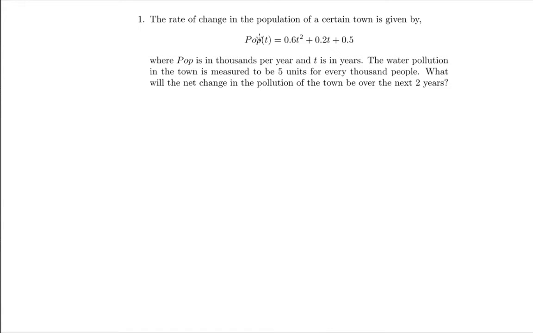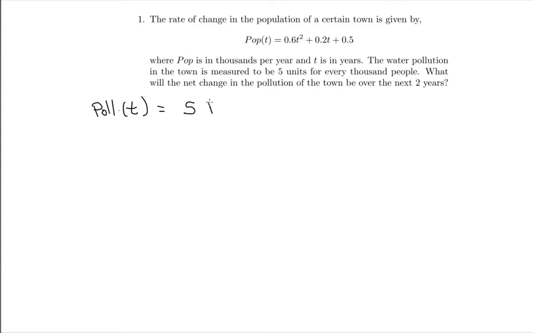So here we're given the rate of change of the population, so how can we figure out the rate of change of the pollution? I'll write the rate of change of the pollution as the function pol, and the pollution is 5 units per 1,000 people. We have the rate of change of the population given in thousands per year, so I can multiply this function by 5 units, which will give me the rate of change of the pollution.